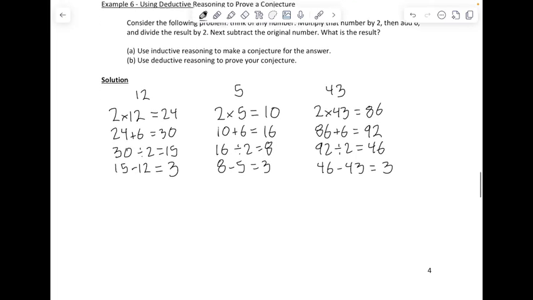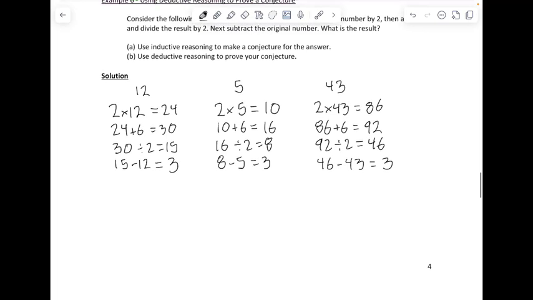Now, we could choose any letter we want to, but in this case, I'm going to let a represent my arbitrary number. So think of that as standing in for any old number, right? So a could represent or be replaced with any number. So if we can show that the result is 3 in this case, that will tell us that the result is true for every number.